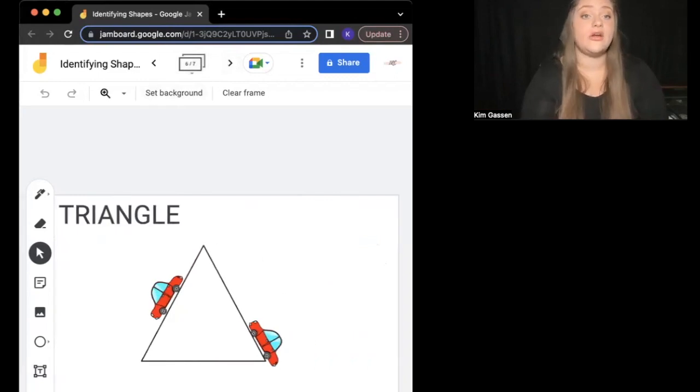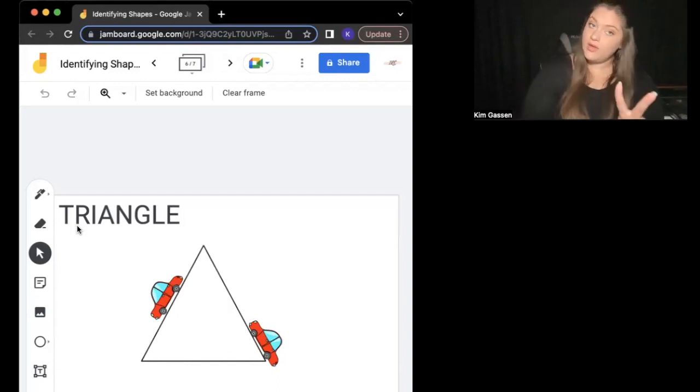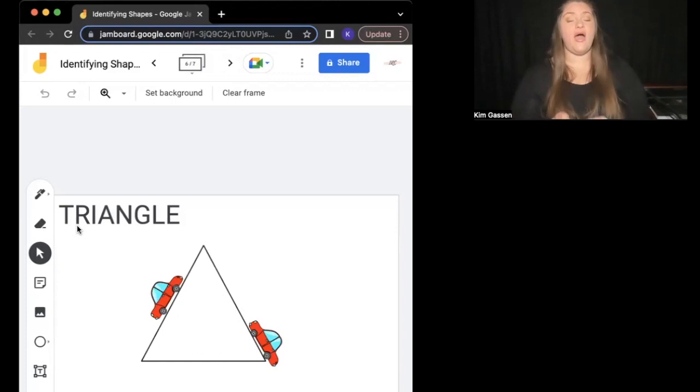Okay, now here I have my triangle. Now let's look at the very beginning of this word here, try. The try in triangle means 3. Have any of you ever ridden a bicycle? Bi means 2 because your bicycle has 2 wheels. Have any of you ever ridden a tricycle?